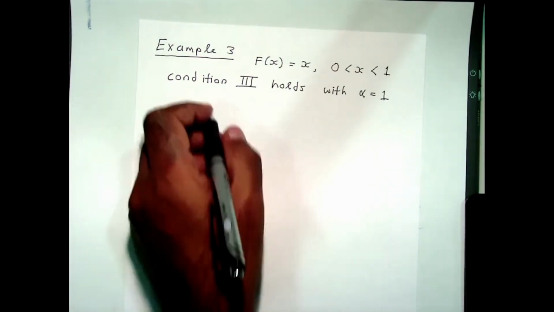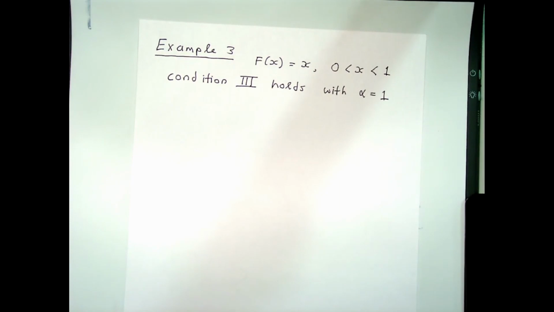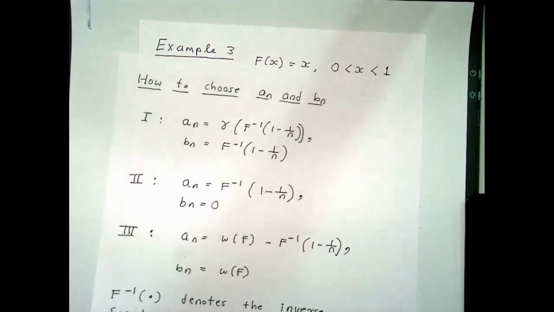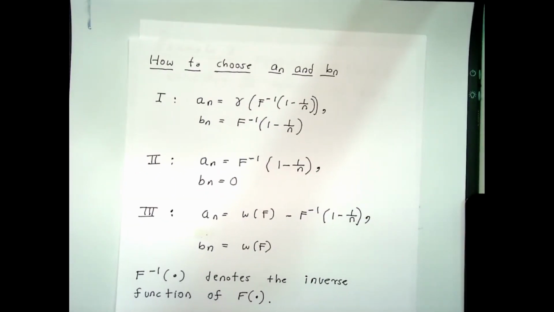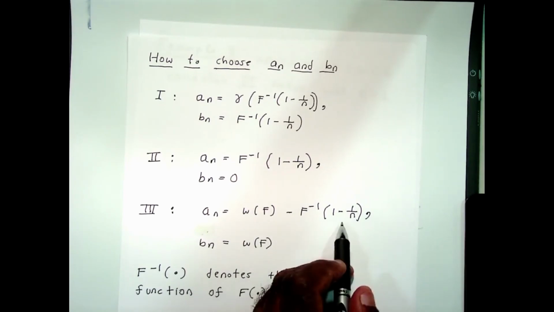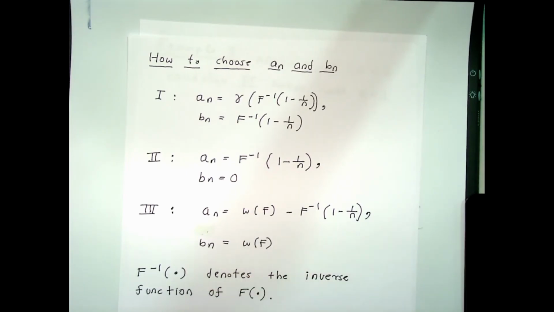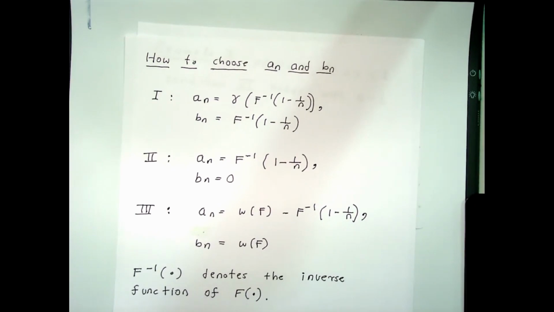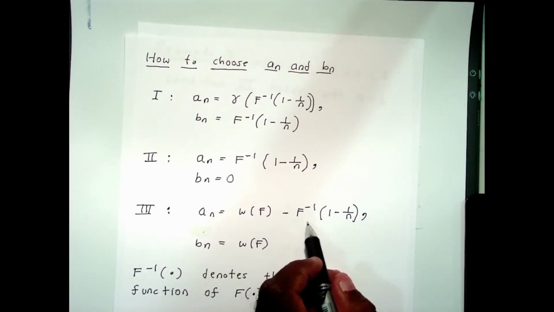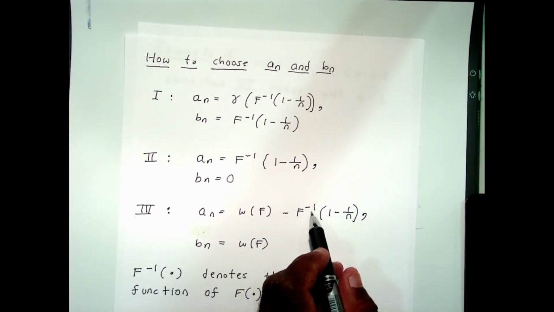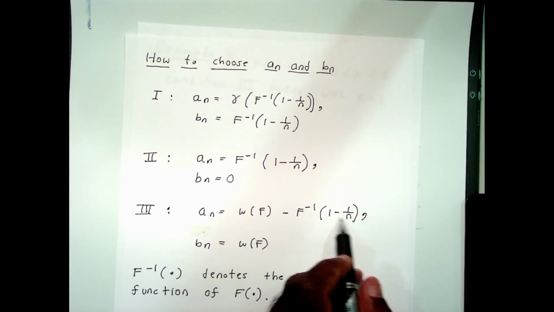Alright, so if you go back to the formula sheet, an is given by this formula and bn is given by this formula. So once again, we need to figure out what the inverse function of f is at 1 minus 1 over n.